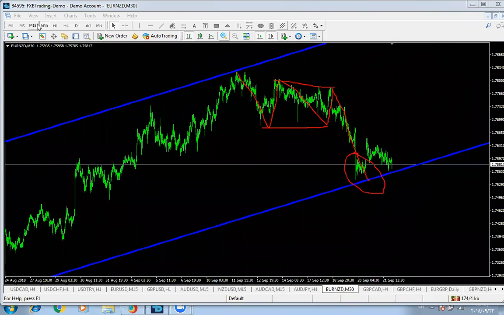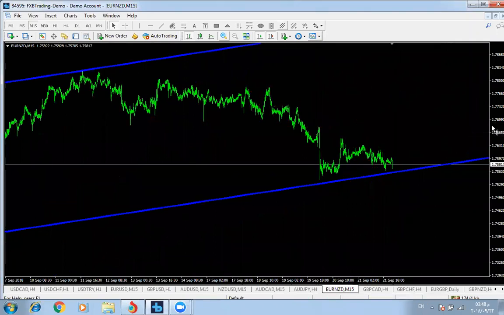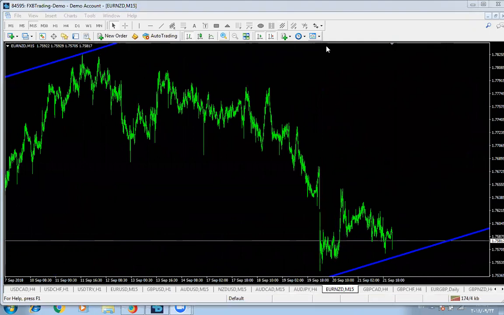Again, we go to the 15 minutes time frame, and as we see from the chart, we have an impulse right there. We have an impulse right there from this area. Then we have a correction to the downside.